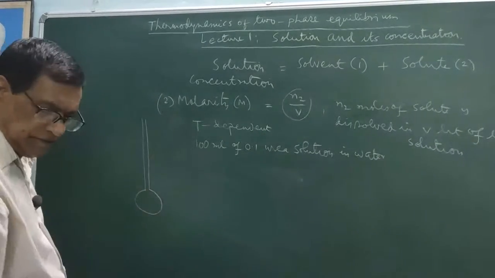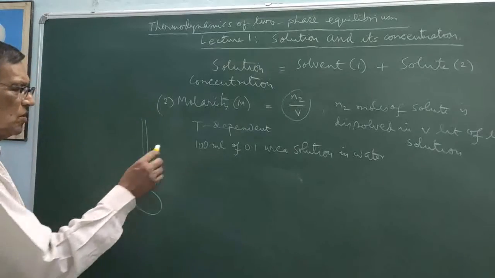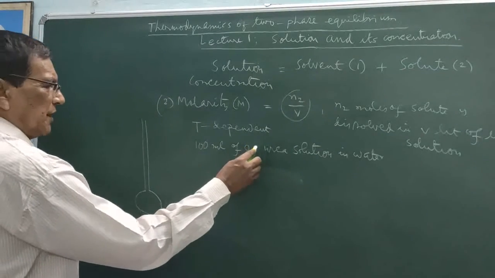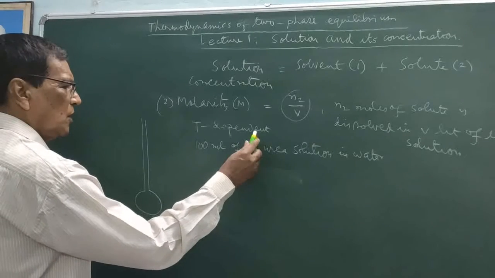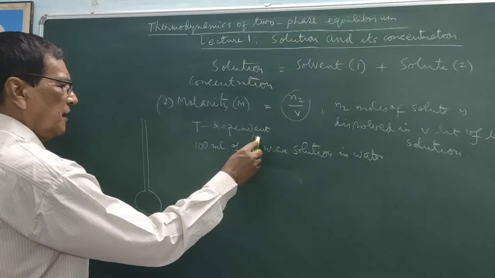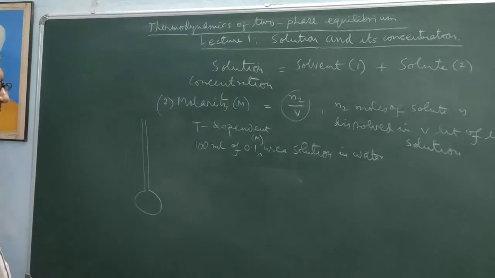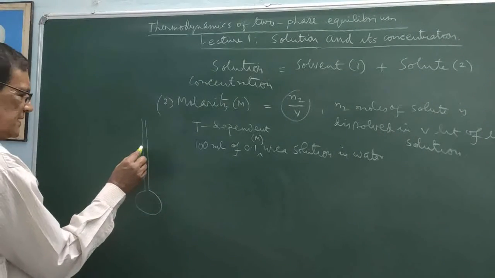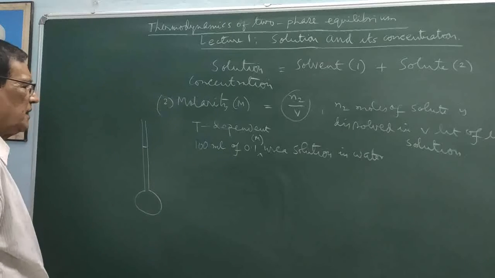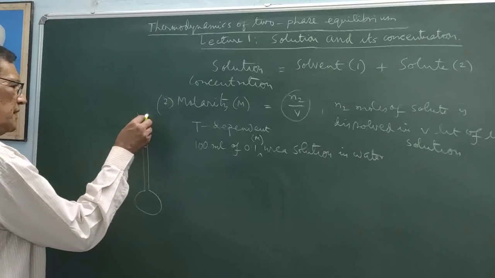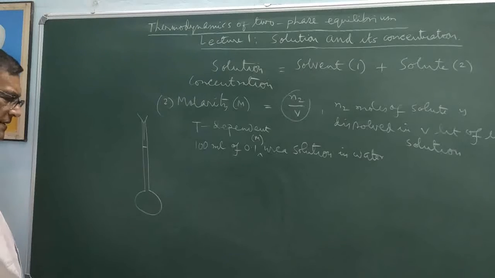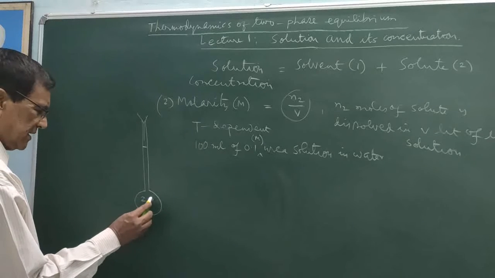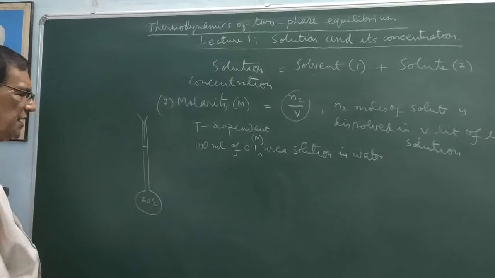So suppose we like to prepare 100 ml of 0.1 molar urea solution in water. In this case, on the long neck there is a cut mark, a funnel is to be set up, and temperature is written as generally 20 degrees centigrade.